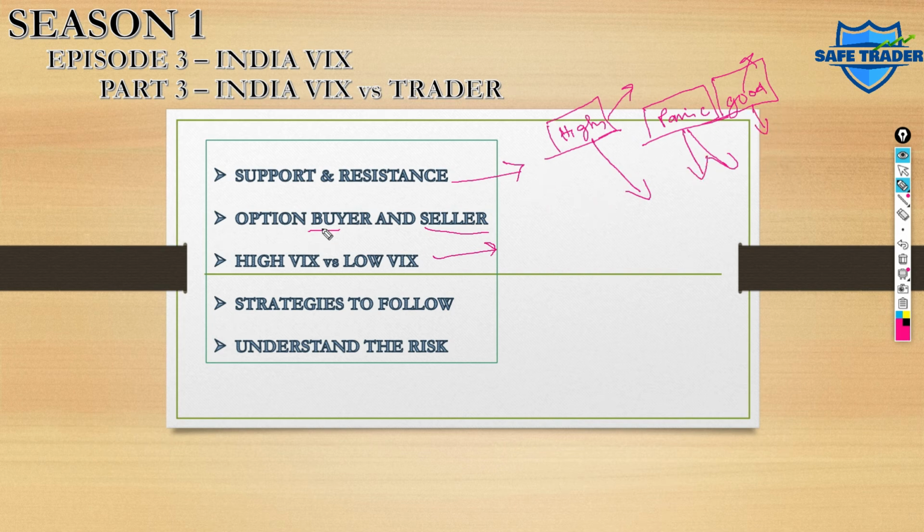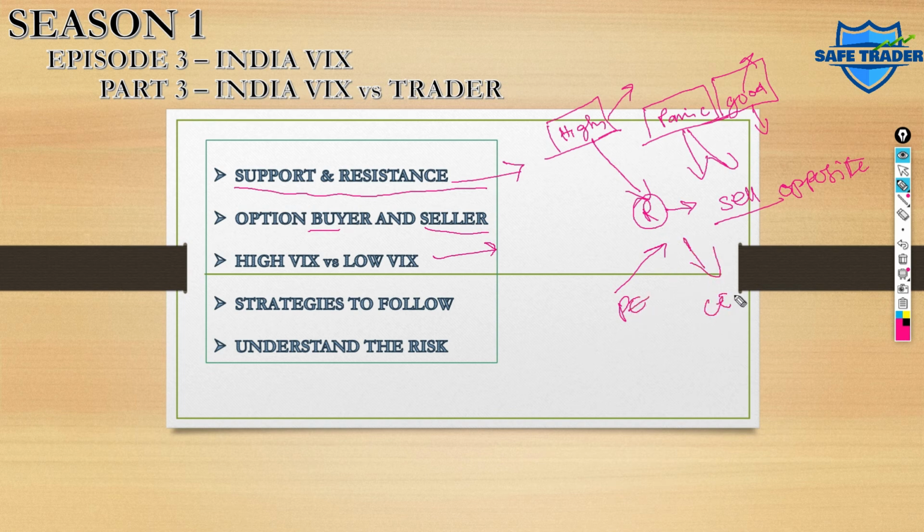So as we already spoke about, when there is a high VIX and it takes resistance at a particular point as per the support and resistance that we draw, what can an option seller do? An option seller can take a reverse trade and sell opposite legs. For example, if Nifty is shooting up, he can sell put options. If Nifty is taking a reverse trade on the downside, he can sell call options, right?